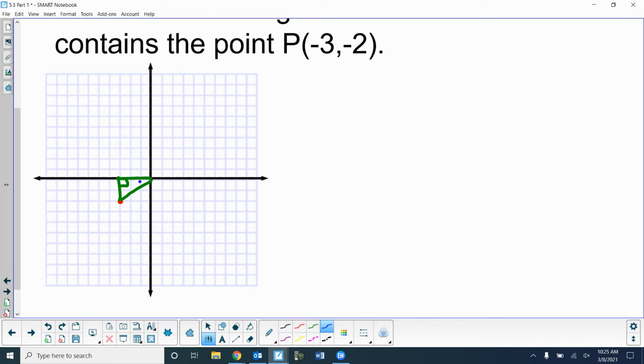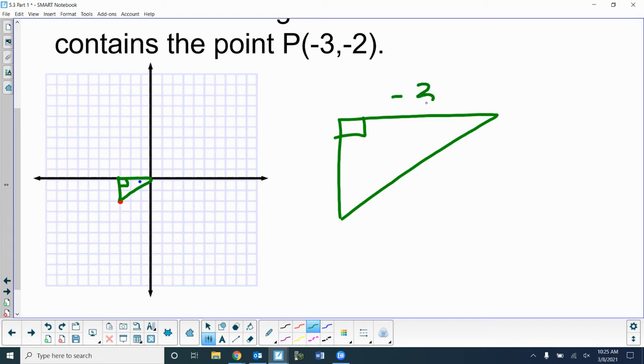All right, so I'm going to blow it up so it's not so small. The X value is -3, the Y value is -2. Again, theta is back here by the origin. Here's our Y and our X axis. Okay, that makes sense?